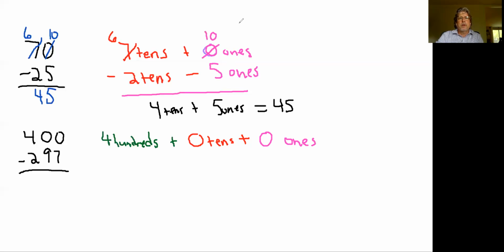And then what we're going to be doing is subtracting 200s. We're also going to be subtracting 9 tens. And then we're going to be subtracting 7 ones.